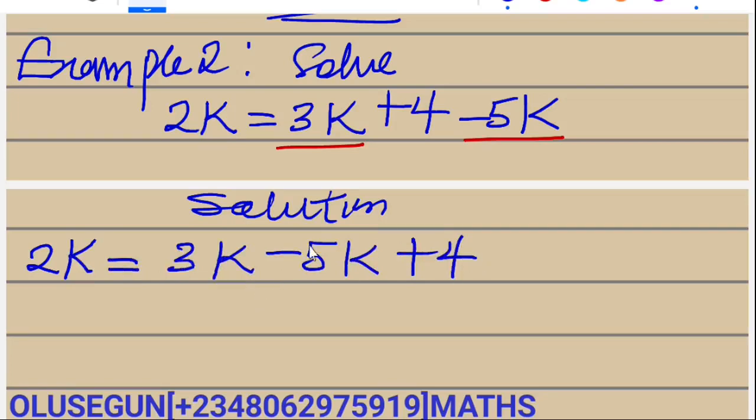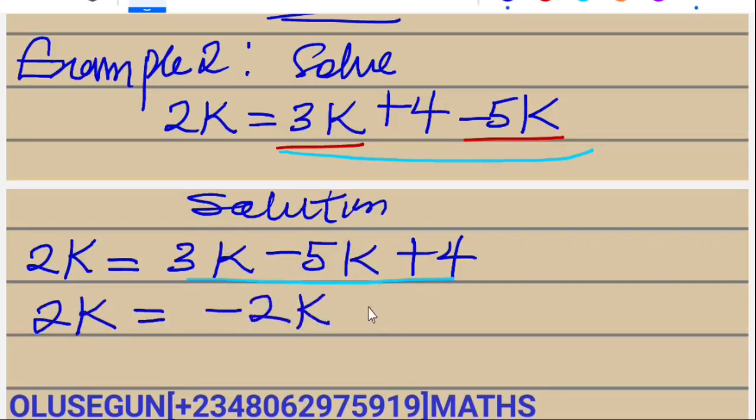It is still the same thing, only that I'm trying to rearrange, and at the same time they are not crossing the equality sign. So we have 2k is equal to, 3k minus 5k gives minus 2k, plus 4.